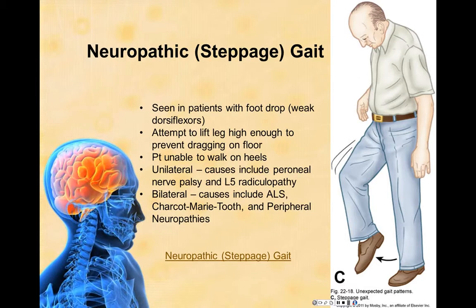These patients are not able to walk on their heels, and sometimes they can be caused by an L5 radiculopathy, or if it's bilateral, it can be from ALS or some other kinds of peripheral neuropathies.